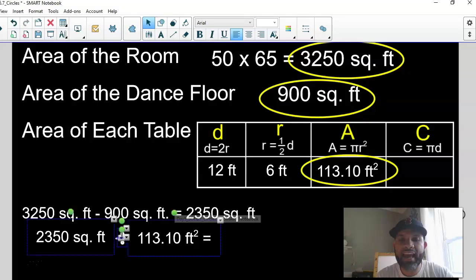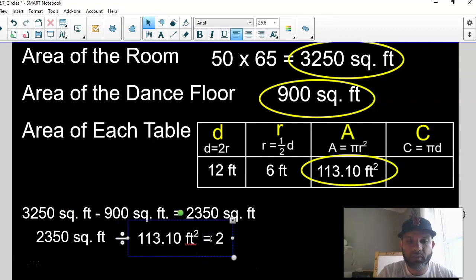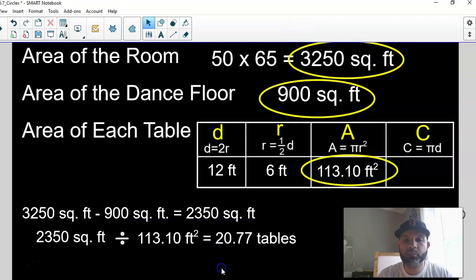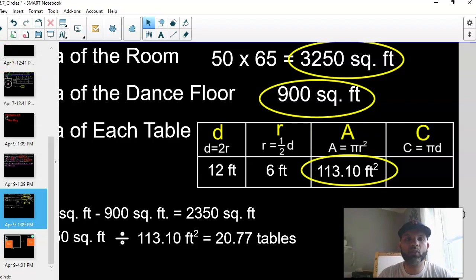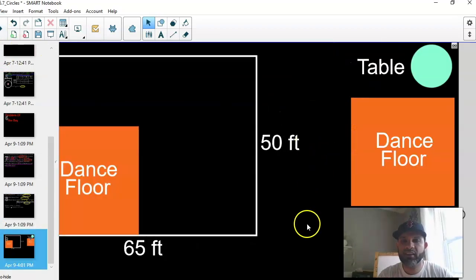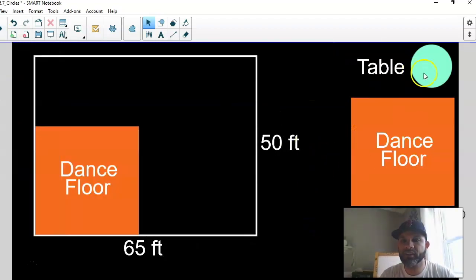Now, that is if it fits perfectly, 20.77 tables, and takes up every single amount of space. But as we know, when it comes to circles, it doesn't cover everything perfectly, right?